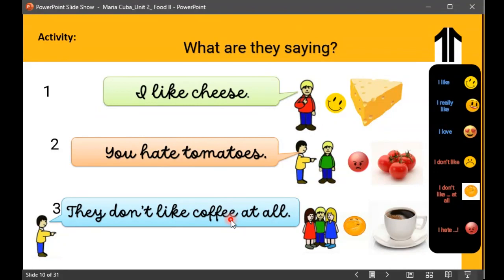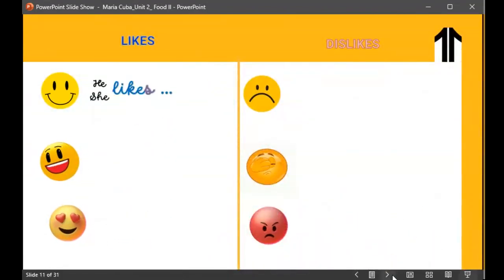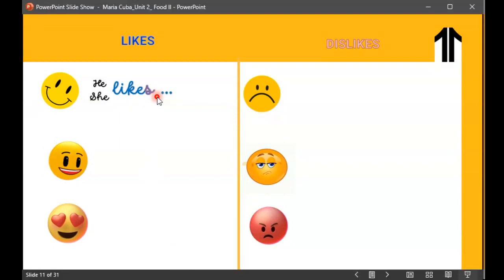Okay, so these are some expressions that you can use. Of course, in this part, we are using I, you, we, and they. But it is possible to use he or she. In this case, when you use he or she, don't forget to modify the verb in simple present tense. He or she likes.